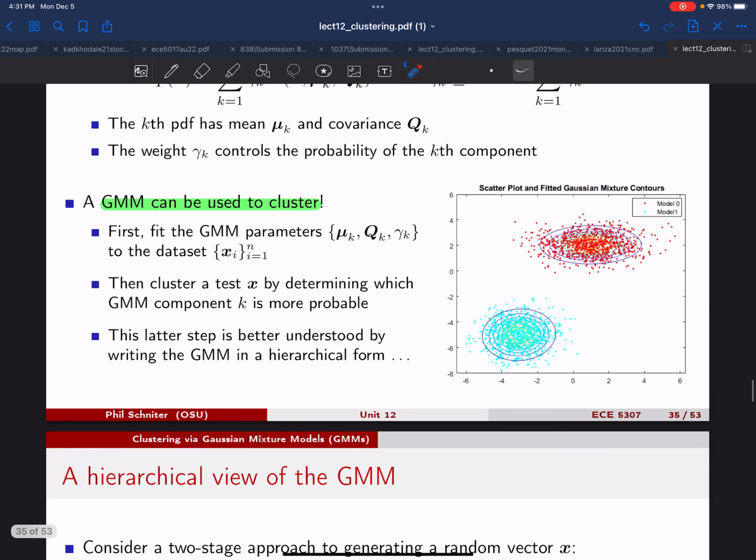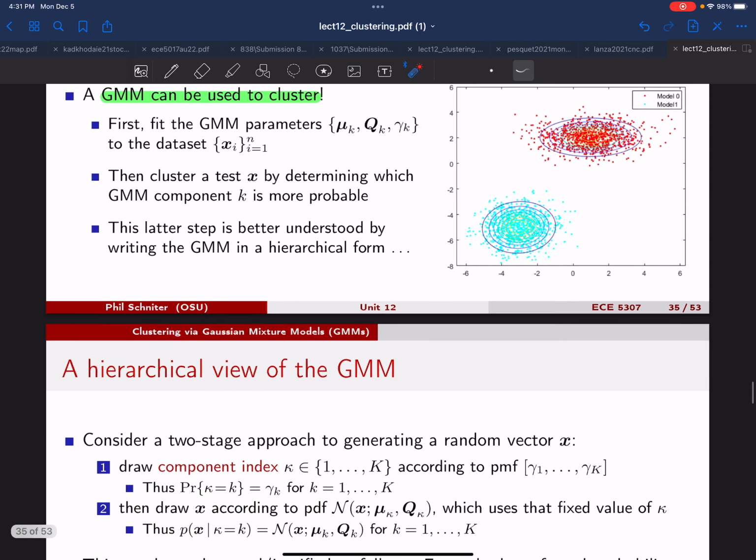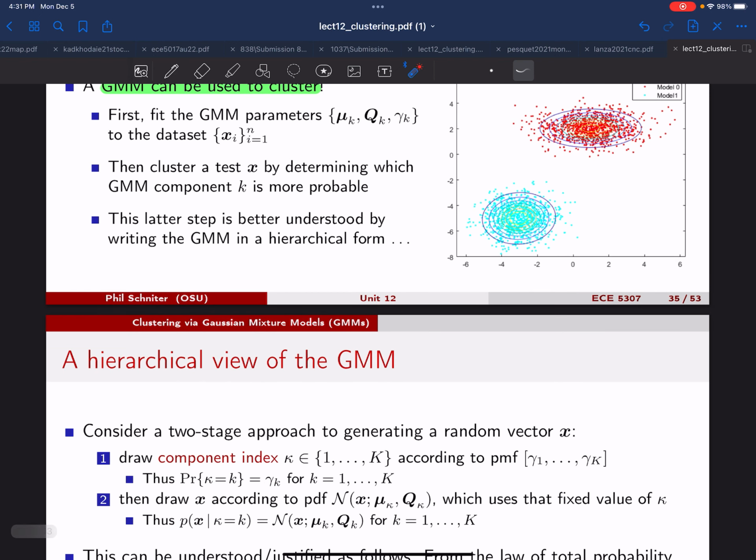So over here in this picture, I would first draw number 1 or 2. I would want to do that randomly. So we have a discrete random variable in this case with two possibilities, 1 or 2. We could think of a PMF where gamma 1 is the probability of drawing k equals 1, and gamma 2 is the probability of drawing k equals 2.